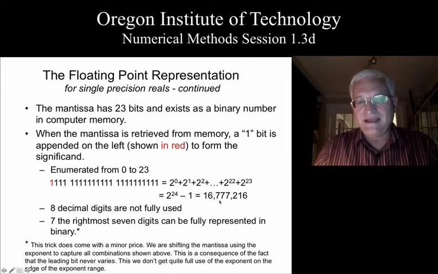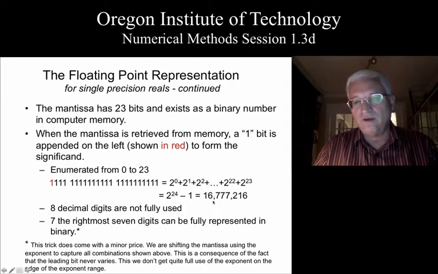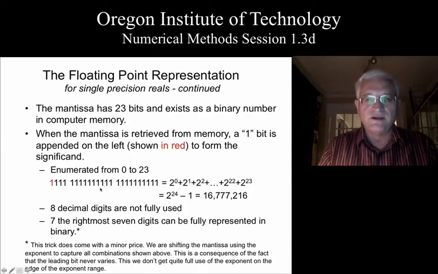So if we take a closer look at that number, 16.7 million, what we see is that it used 8 decimal digits, but it missed a lot of combinations there. I mean, anything from 1.7 million above isn't listed in this number of combinations that can be stored in the mantissa.